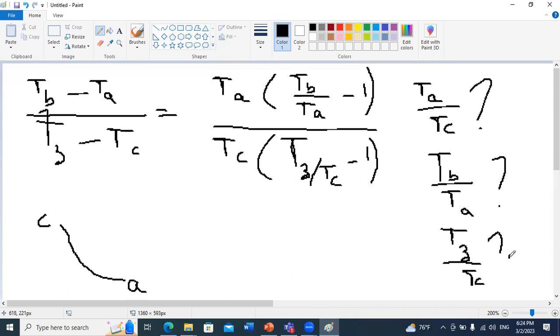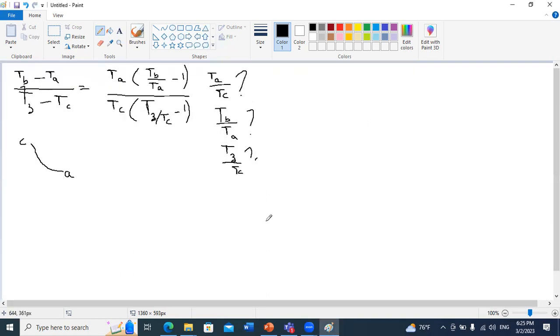I will start with TA over TC. So again, I should think of the following. A and C correspond to which points? A and C are parts of the adiabatic phase. In the adiabatic phase, PV to the power K is a constant. But I don't need to relate pressure and volume now. I need to relate temperature and volume.